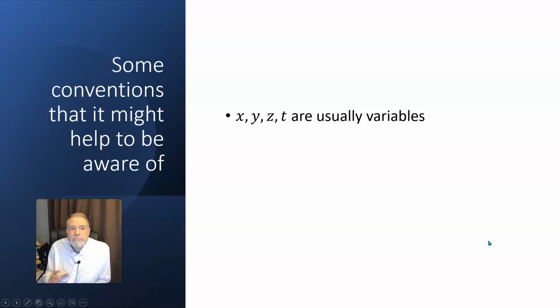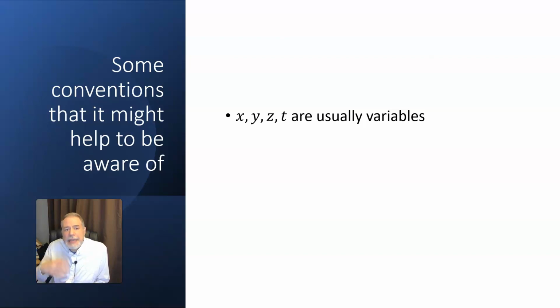Now, let me end up by mentioning some conventions. These are not strict rules that everybody has to follow, but these are some usual customs or conventions or things that mathematicians usually do that it might help to be aware of.